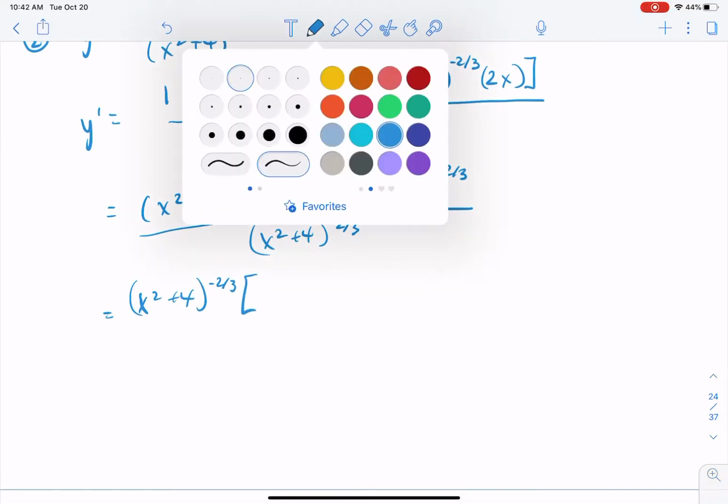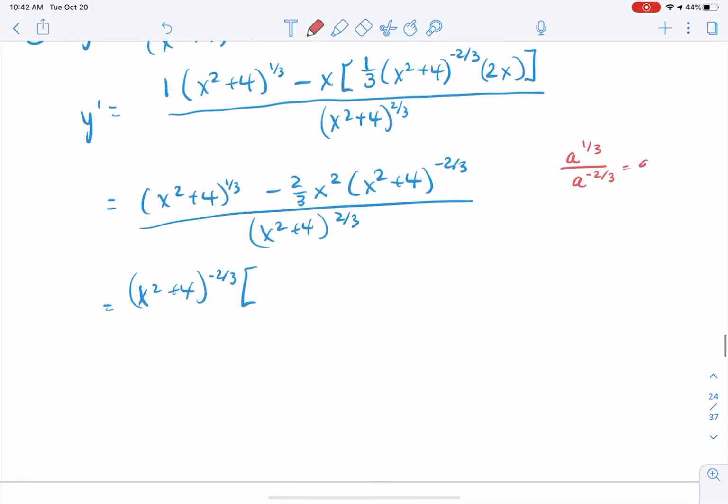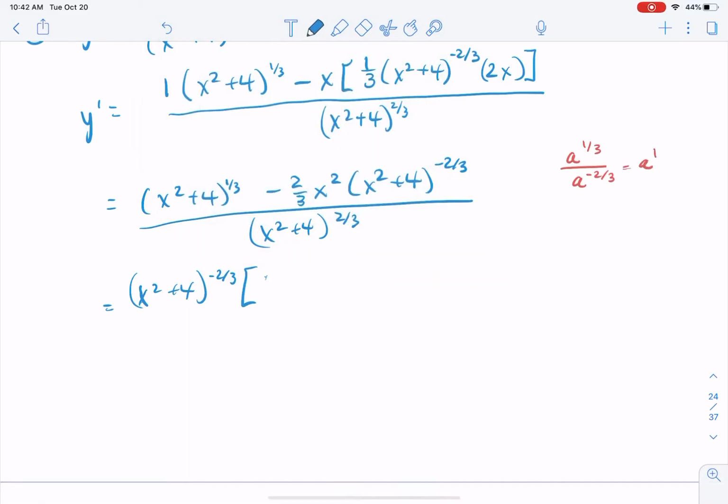And if I do my little strategy here, where I take something to the 1/3 power and I'm dividing it by that same something to the negative 2/3 power, and I subtract my two exponents, 1/3 minus a negative 2/3 makes it that something to the positive 1, 3/3 power, right? Yes, that is correct. So x squared plus 4 to the first power.